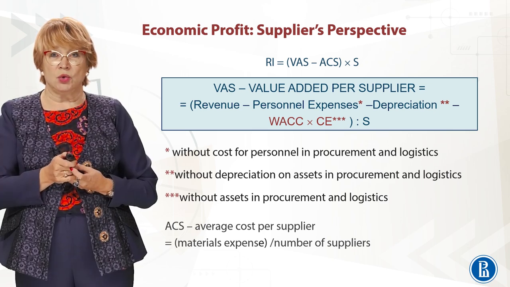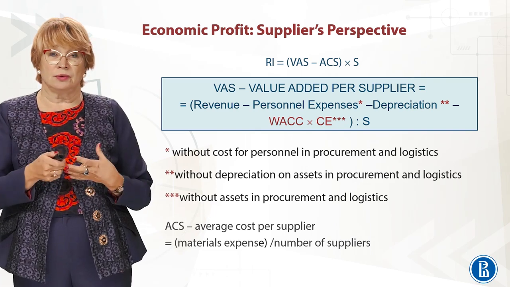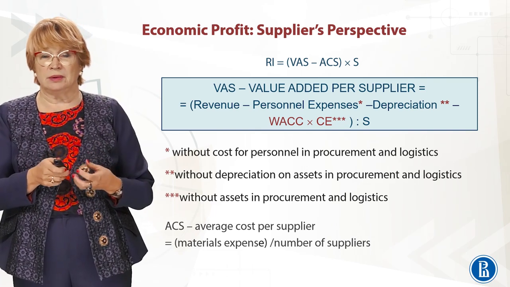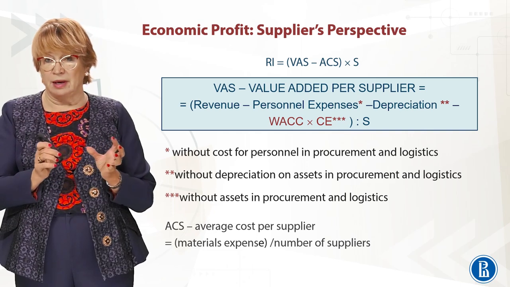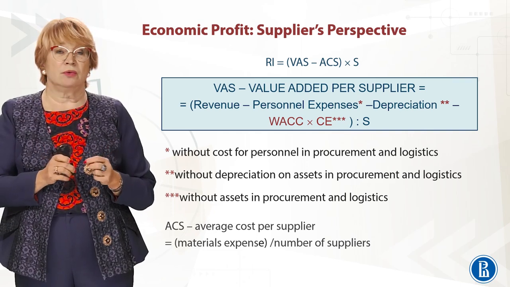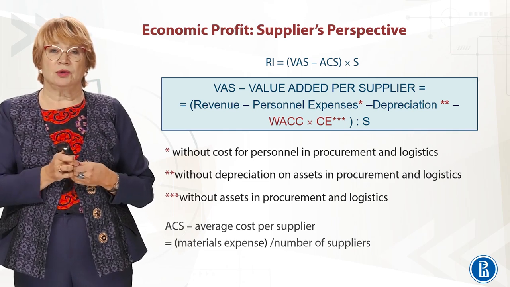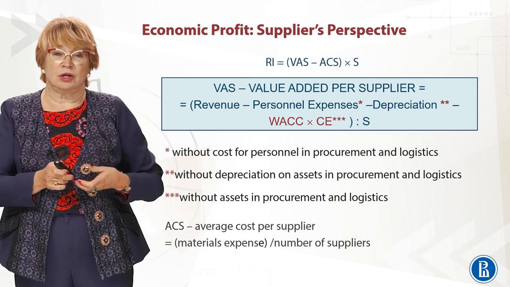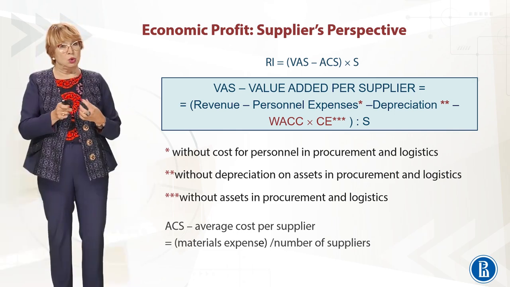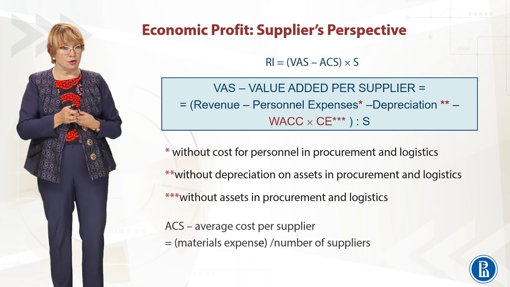And then value added per supplier here in brackets is also a type of spread, which says that if this term is really above zero, then the company is producing value, but this is a representation of more or less the usual traditional approach for spread calculation.